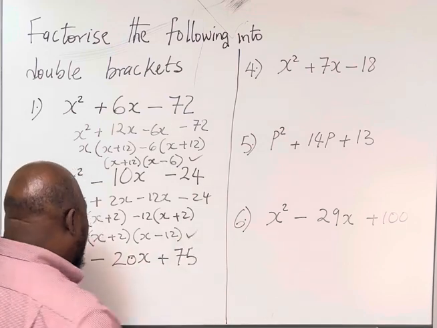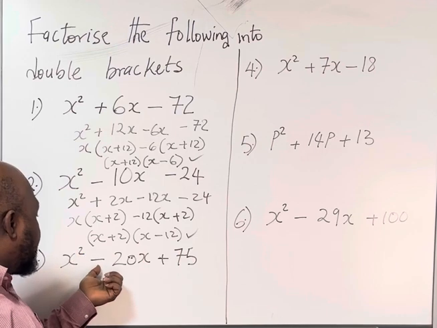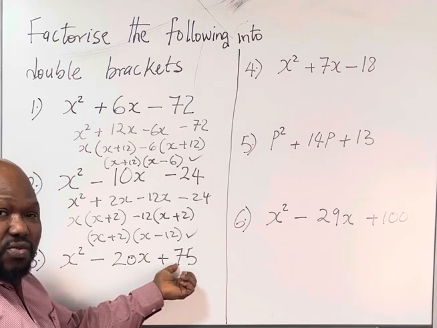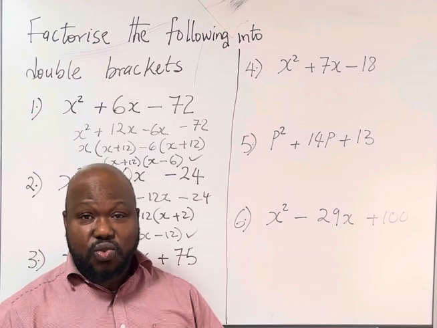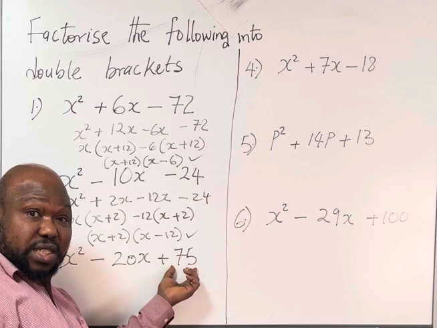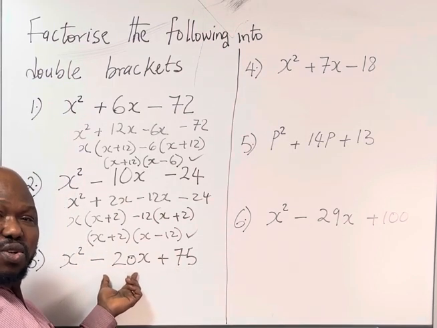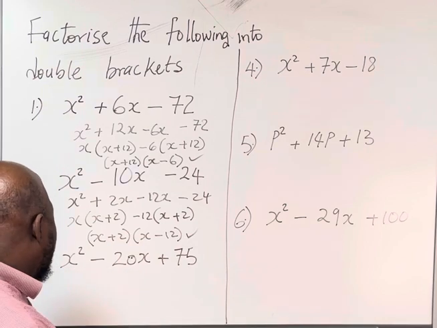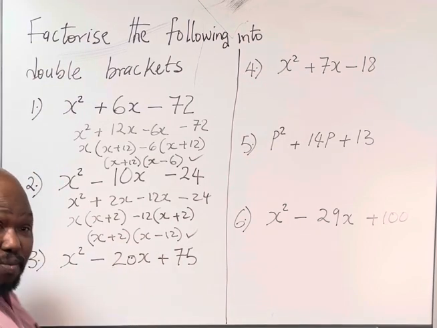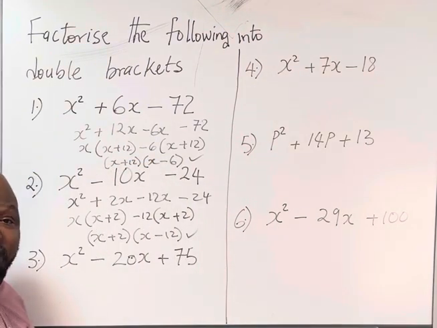Now let's look at the third one. The third one is x squared minus 20x plus 75. Again, we look for two values that multiply together to give us 75, and add together to give us minus 20. In this case, we use minus 15 and minus 5.